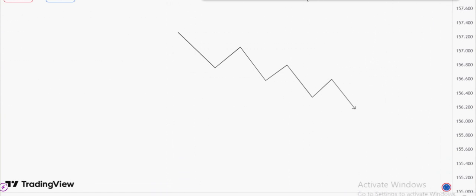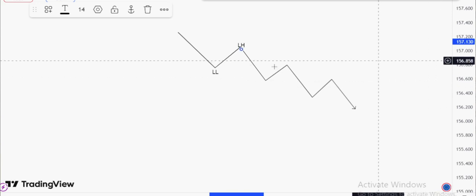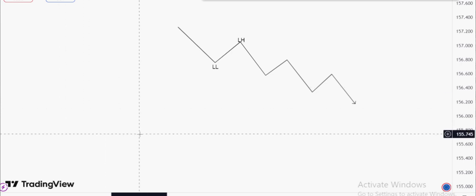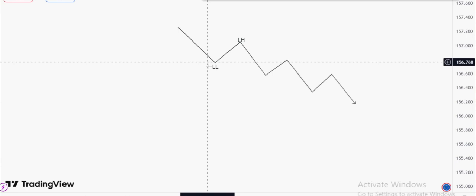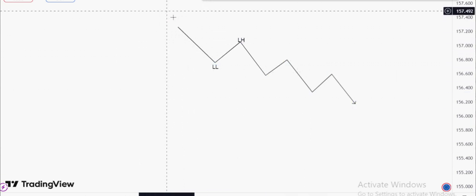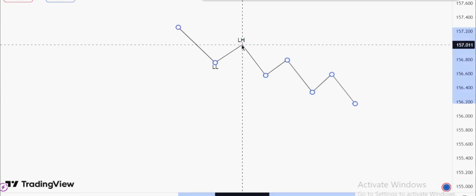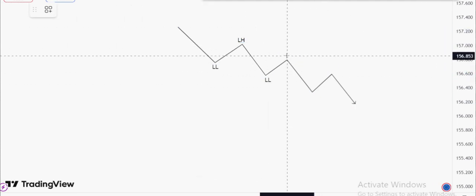So we have a low created, a lower low created, and then you have a lower high created. Notice how it's almost inverse of a bullish trend. While a bullish trend is creating higher highs and higher lows, this is creating lower lows because we are going down. So we have push down, lower low, slight pullback, lower high, push down again, lower low, and then pull back again for lower high.